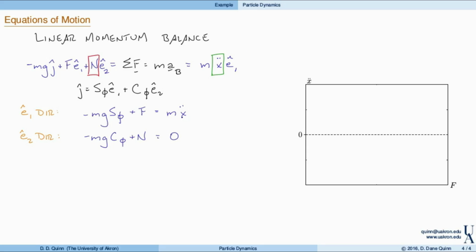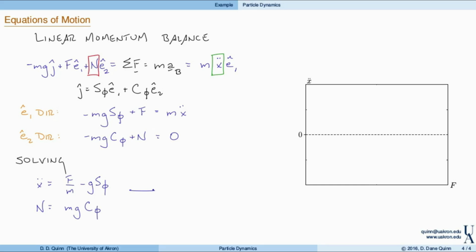So finally, we can solve these for our unknowns, x double dot and N. And because we've chosen carefully, this becomes fairly easy. X double dot is equal to F over m minus g sine of phi, while N is equal to mg cosine phi.